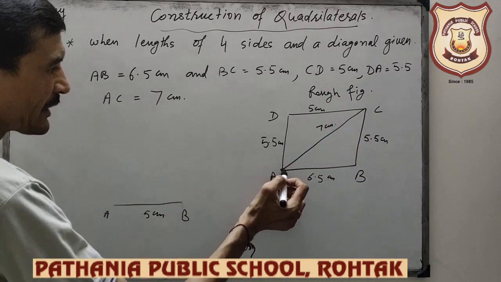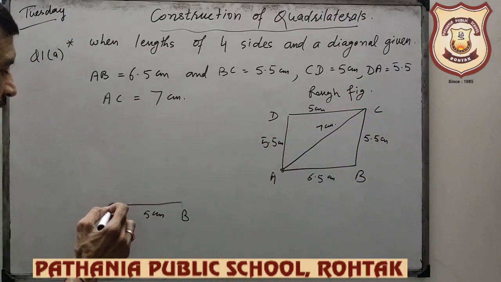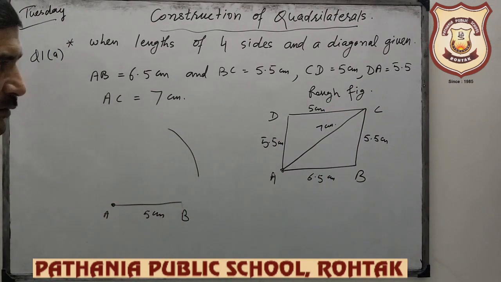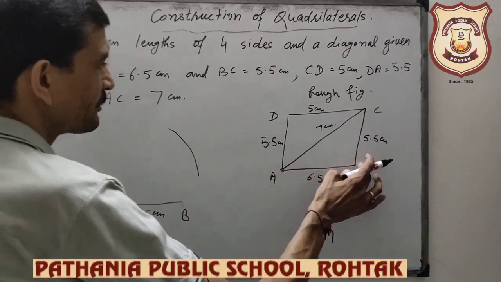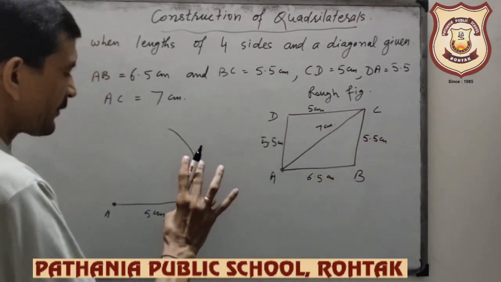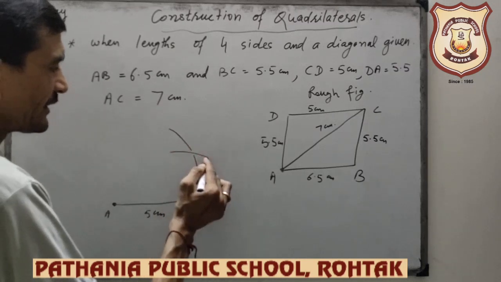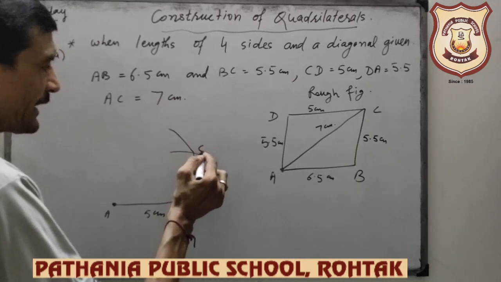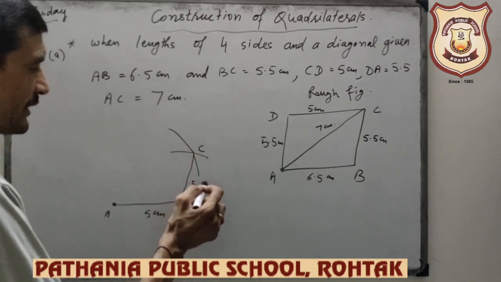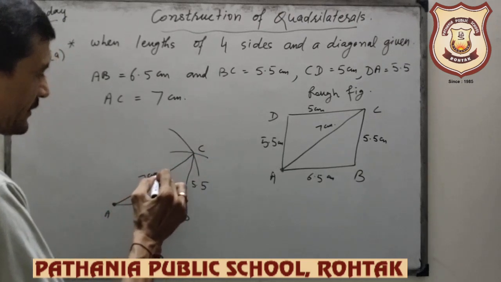Put the needle of the compass at A and put an arc of length 7 centimeter. Then take B as center and now open your compass equal to 5.5. Take B as center and cut it like this. This is point C such that BC is 5.5 and AC is 7 centimeter.